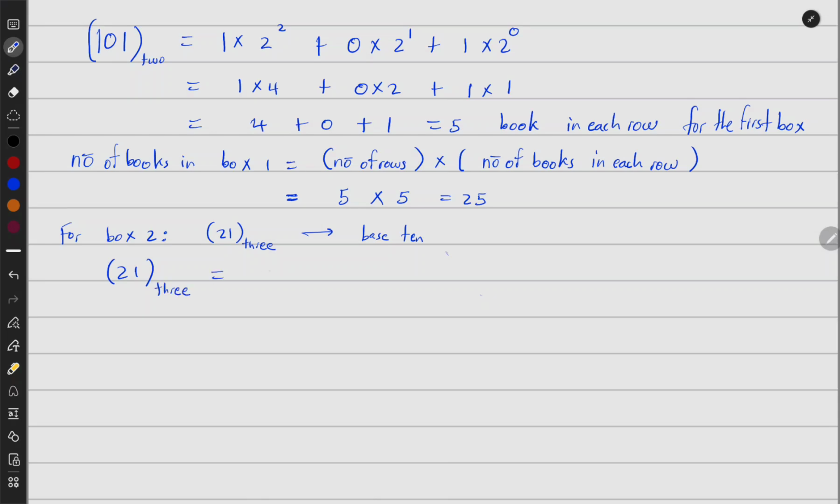If this is base 3, then this is 2 times 3 to power 1 plus 1 times 3 to power 0. So this is 2 times 3 plus 1 times 1. So this is 6 plus 1, which is equal to 7. So these are the number of books in each row with respect to box 2.